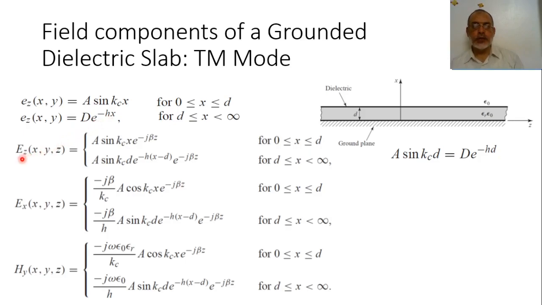The electric field Ez, the total electric field Ez would be the modal function multiplied by the propagating function e to the power minus j beta z, and at x greater than d it would be e to the power minus hx e to the power minus j beta z.